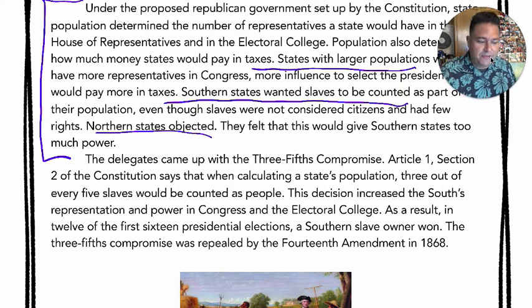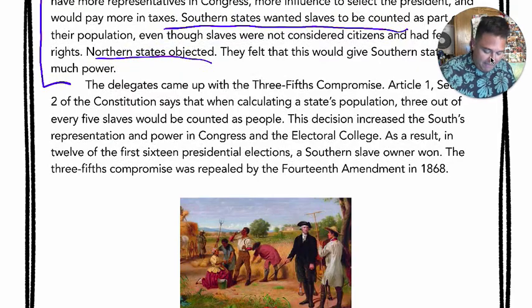So the South is like, well, we should count our slaves as 100% people. The North is like, well, you don't treat them like 100% people, so you shouldn't count them for the purposes of getting congressional representation like 100% people. You should count them as 0% people. And so they compromised, and the compromise they came up with is the 3/5 compromise.